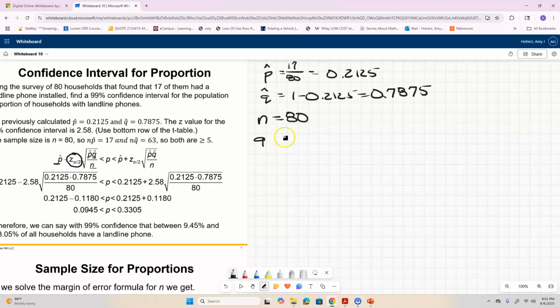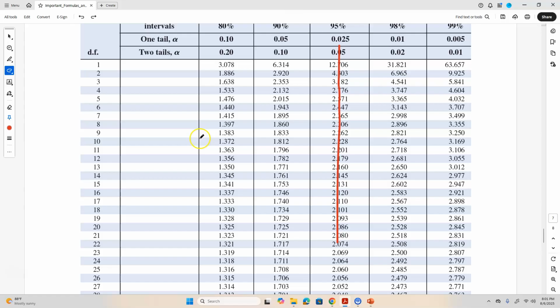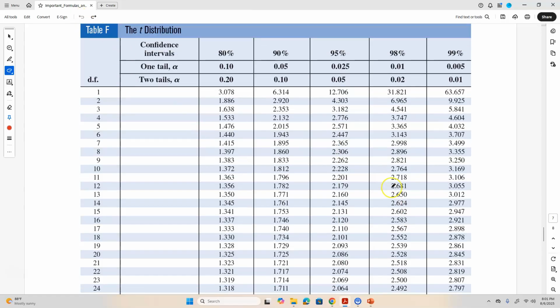So our z, 99% is what we're going to use. So let's go to our chart and see what z value we get for 99%. All right, so we're going to go to the top and make sure we're in the 99% column. And we're going to go down.